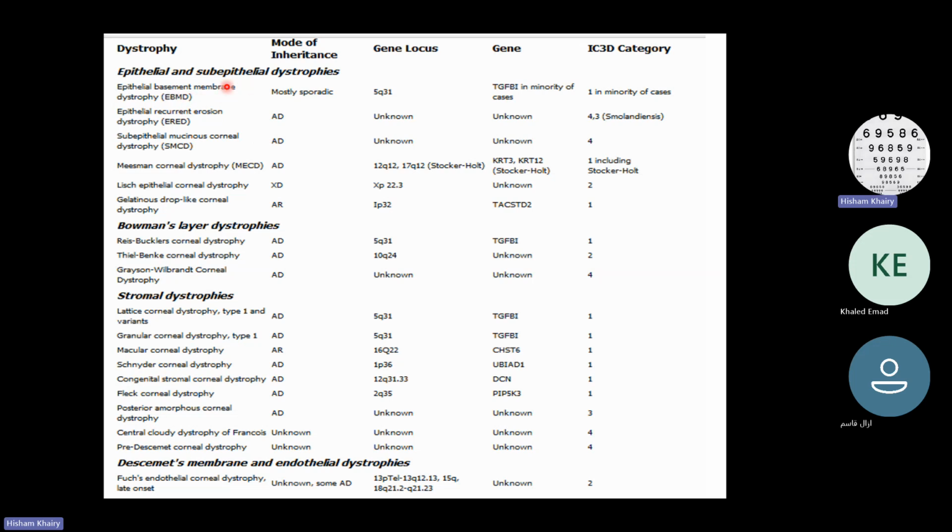The most common dystrophy that we'll see is mostly sporadic. The others are mostly autosomal dominant, with the exception of Lisch epithelial dystrophy, which is X-linked dominant, and the gelatinous drop-like corneal dystrophy, which is autosomal recessive.